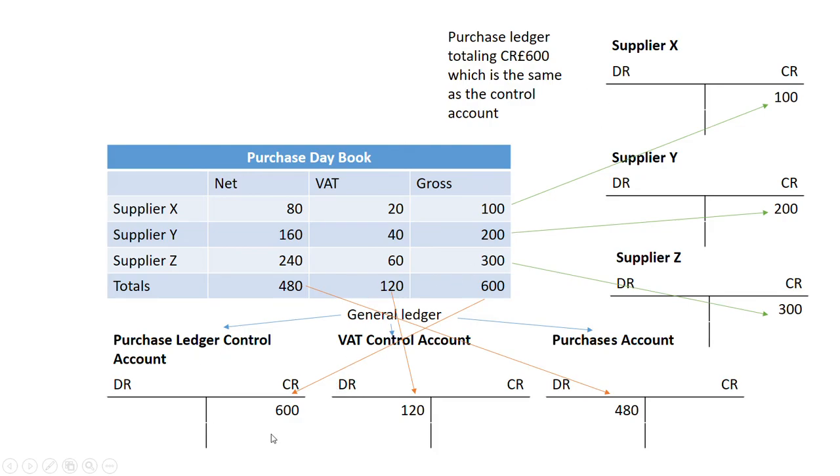We reconcile this to this because it gives us faith that these balances at least balance to a figure that we know is right, or we think is right, so that when something else comes in and we're comparing to this here, an external financial document coming in from outside, at least we have some faith that we're starting to compare from a sensible basis, that this isn't a load of rubbish. So it does have a limitation there, but combined with a ledger, in this case the purchase ledger, it will allow you to fix that.